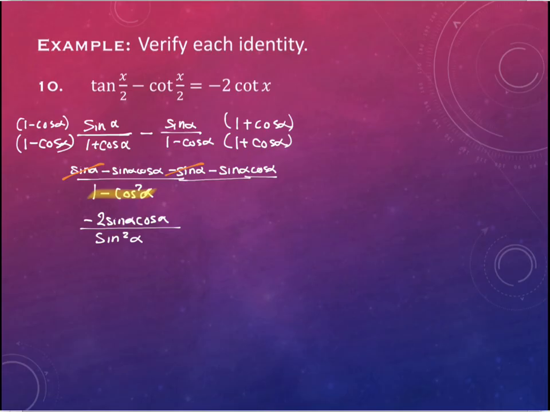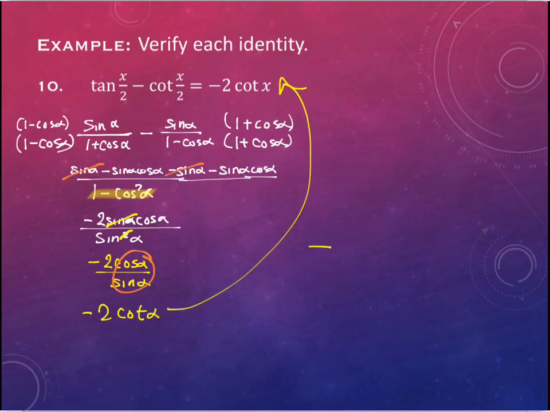The sines cancel here and one of them here. So this leaves me with negative 2 cosine of alpha over the sine of alpha, which is a negative 2, and then cosine over sine is cotangent. There we go. And there we are where we wanted to be. All right.